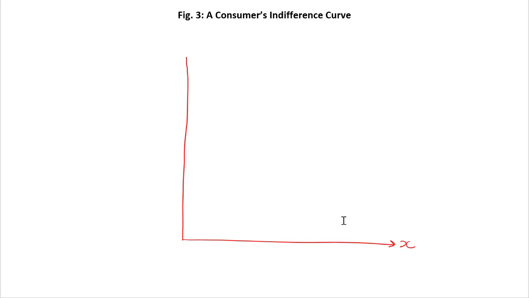This is x-axis, this is origin, this is y-axis. On x-axis we are plotting food units. On y-axis we are showing clothing units. Food is 1, 2, 3, 4, so 1, 2, 3, 4, 5, 6, 7, and so on.